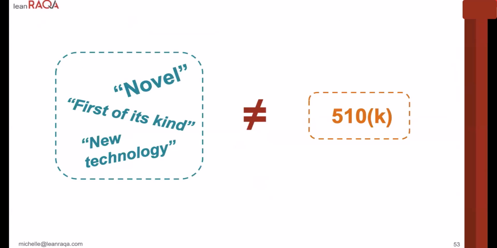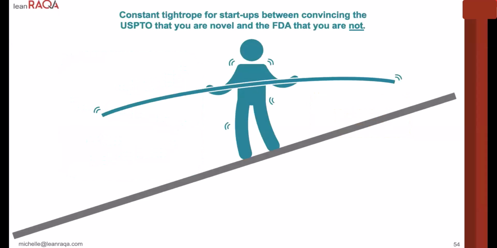Words like novel, first of its kind, new technology are not equal to a 510K process. In fact, the term de novo means of new. And that is that submission type kind of between the 510K and the PMA. So be careful with these if you're trying to make an argument for a 510K.